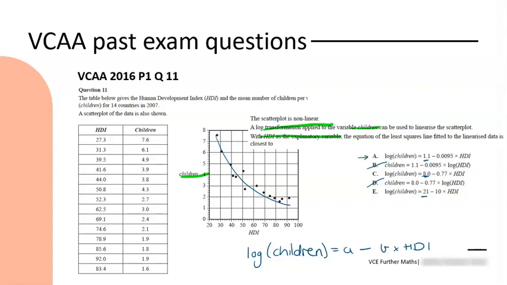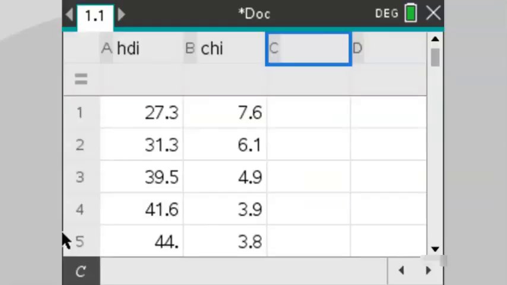But obviously in an exam, we don't want to think we're right, we want to know we're right. So what we need to do now is enter that data into our calculator, perform the transformation, so log of the children data, and find our new least squares regression line. Okay, so I now have that data entered.